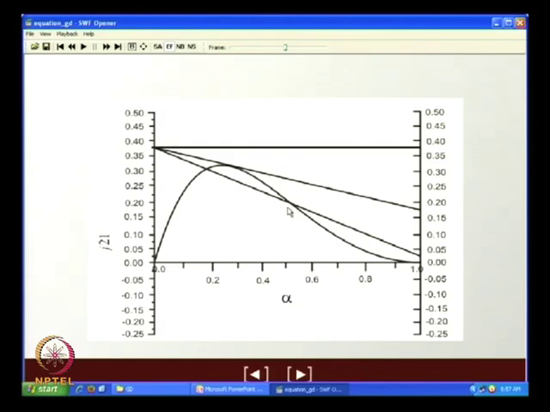Now, you keep on increasing the liquid flow rate. Or in other words, you can also keep on increasing the gas flow rate as well, it does not matter. You can keep this constant and you can keep on increasing the gas flow rate also. By any means, what you find is a point comes when the line becomes tangent to the curve.